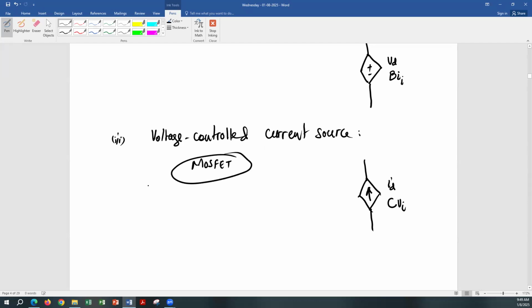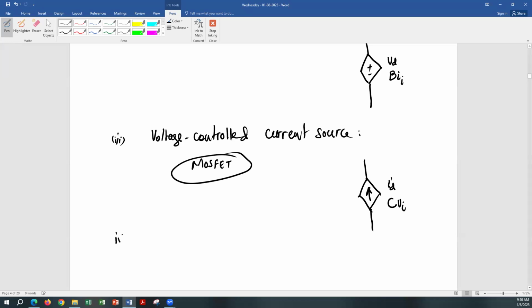Usually your MOSFET falls under voltage controlled current source, where the voltage you apply between the gate and the source terminal controls the flow of current from the drain to the source. So that is an example of an electronic component. Did you guys take semiconductor devices already? So you discussed MOSFETs, right? It is represented again by a diamond with the current symbol, and the value of the current depends upon a voltage.